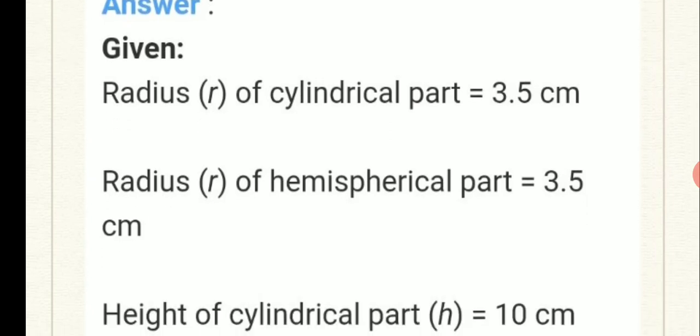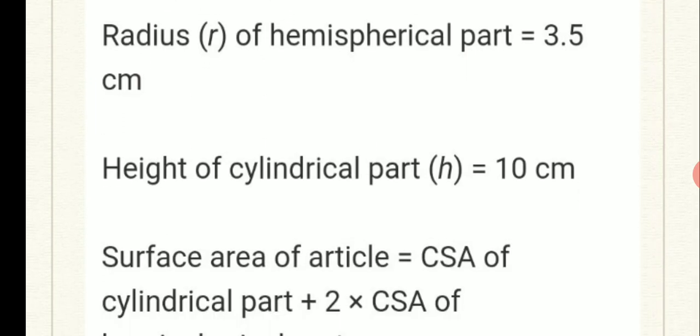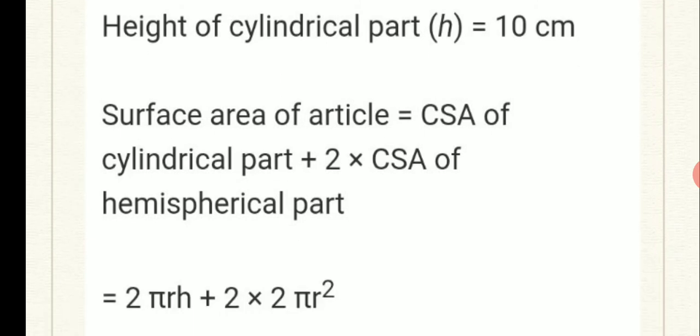So radius of cylindrical part 3.5 cm, radius of hemispherical part is also 3.5 cm, height of cylindrical part h equals 10 cm. Surface area of article equals curved surface area of cylindrical part plus 2 multiplied by curved surface area of hemispherical part, because here top and bottom are hemispherical parts.